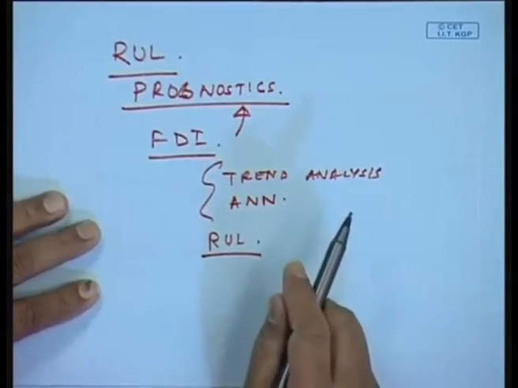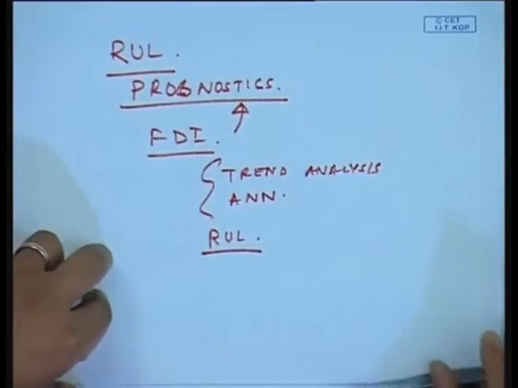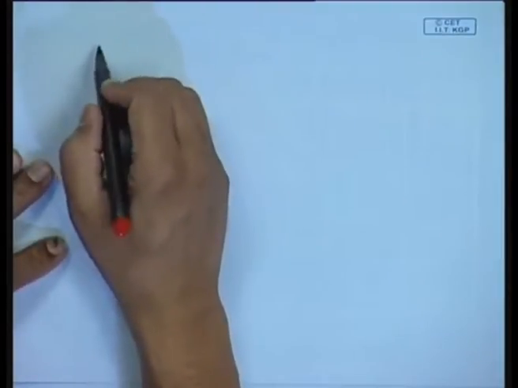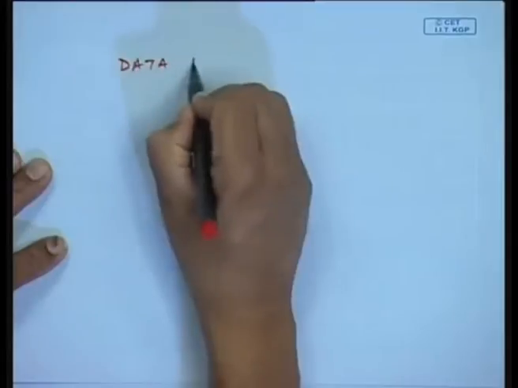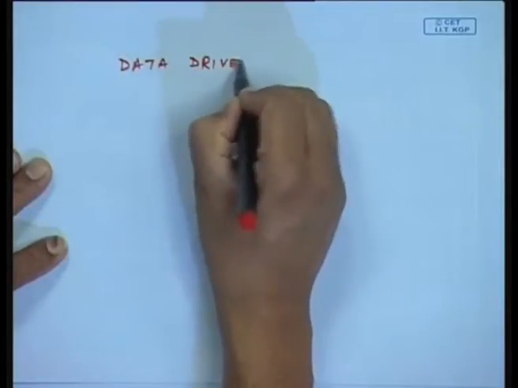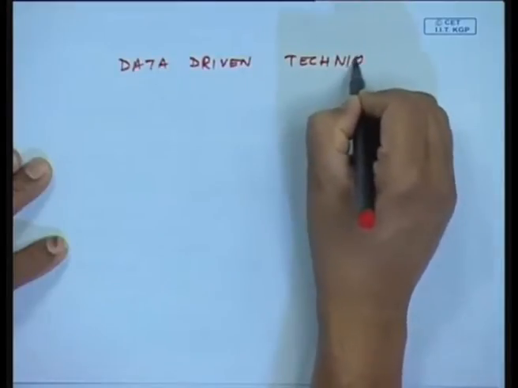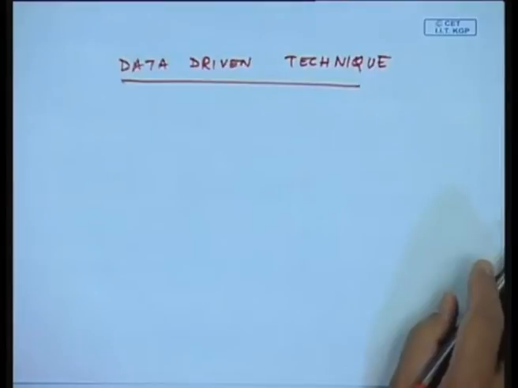Okay. Now with this, what I would like to do is show you an example of how this model based or data driven technique can be used for fault detection in a machine.